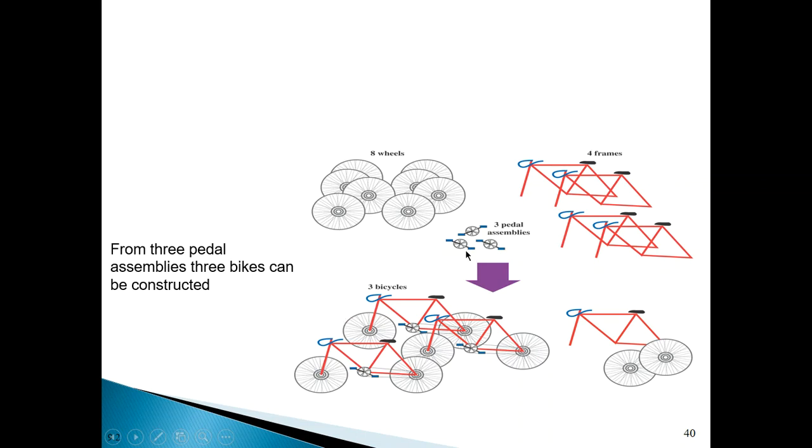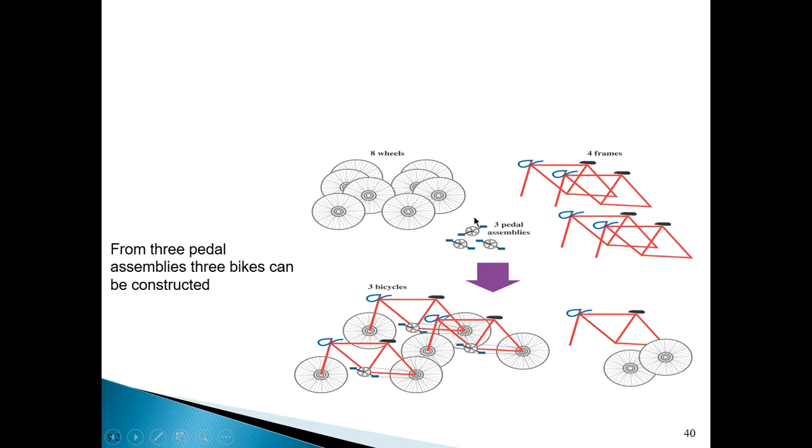So it is the number of pedal assemblies that is given here that will limit the number of bicycles that you can actually manufacture. And you'll notice over here, we have what is left over from those items that are not limiting, all right? We have 1 frame left over and 2 wheels left over, all right? So this is basically illustrating the whole limiting reactant concept using the manufacture of a bicycle.